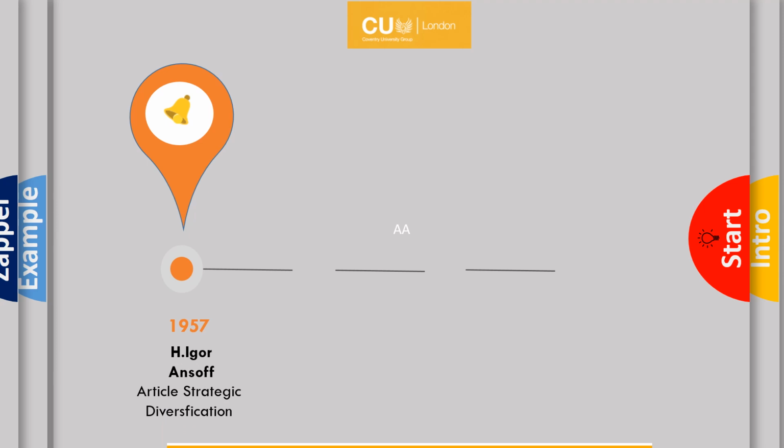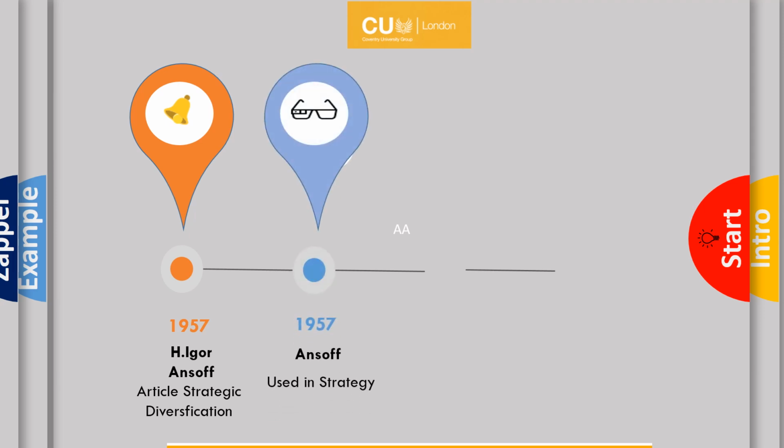This was first developed in 1957 in an article published by Igor Ansoff on his strategic diversification strategies, and he developed 4 different strategies. This was developed to be used as a strategic tool, and we're going to look at which part of the organization it was developed for, so hopefully we can piece all this together.